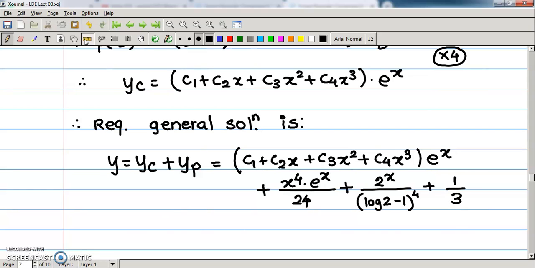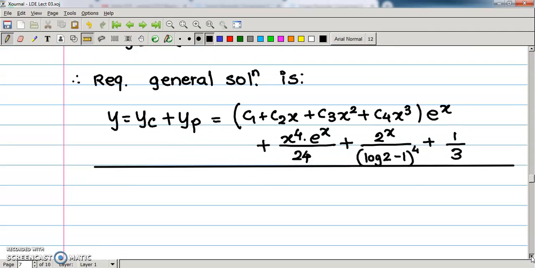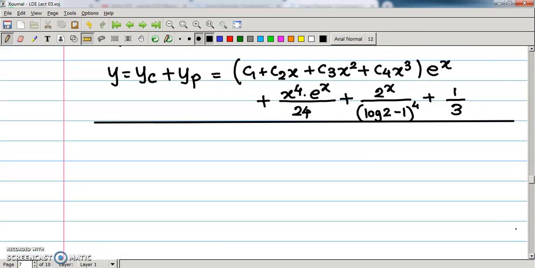This will be the required general solution. So in this way we can solve and find the required general solution of a linear differential equation.